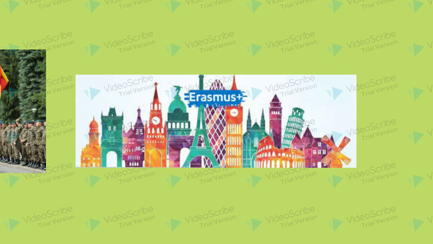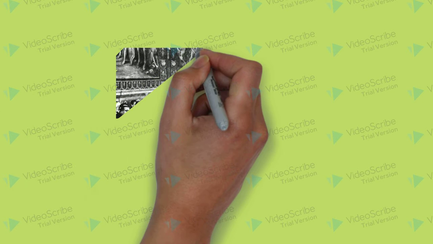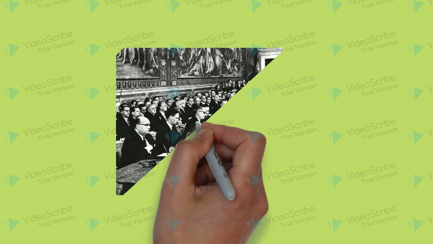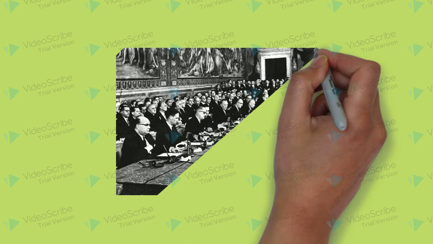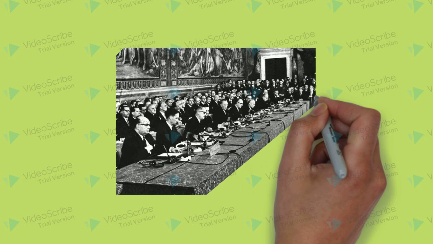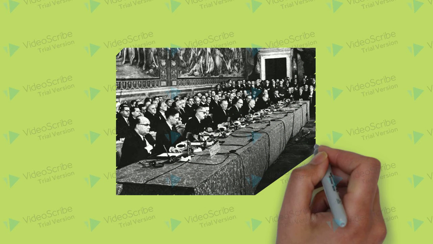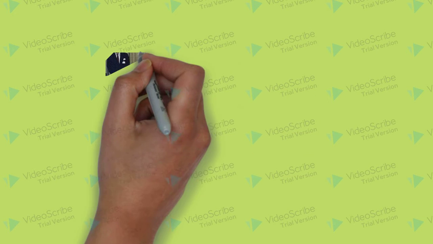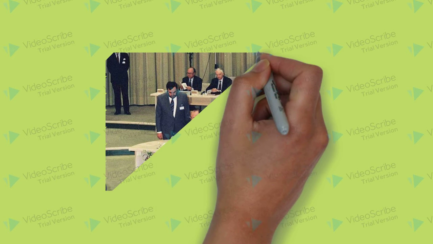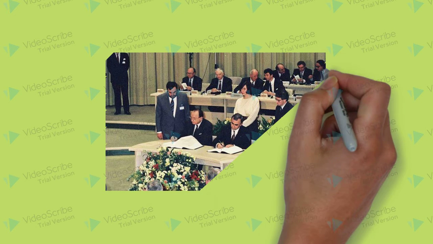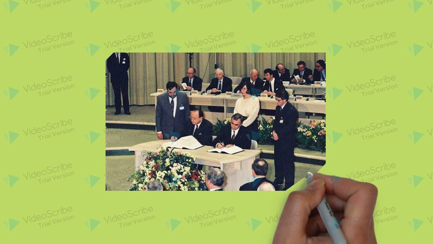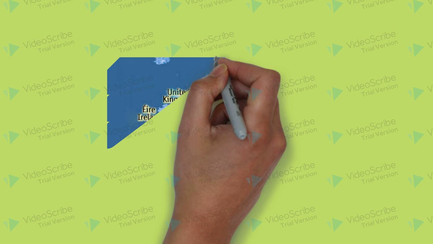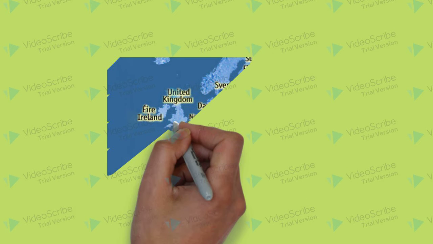The members of the European Union at the time of the Treaty of Maastricht were Belgium, France, Germany, Italy, Luxembourg, Netherlands, Denmark, Ireland, United Kingdom, Greece, Portugal, and Spain. What important economic policy came into being in 2002? In 2002, the official European currency, the euro, came into circulation in the Eurozone.